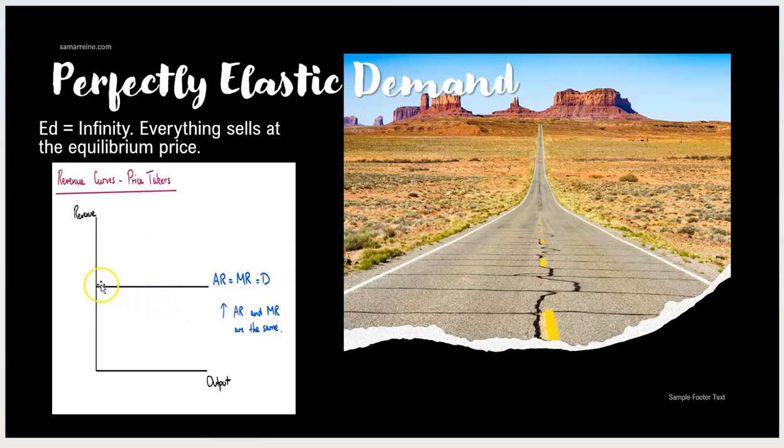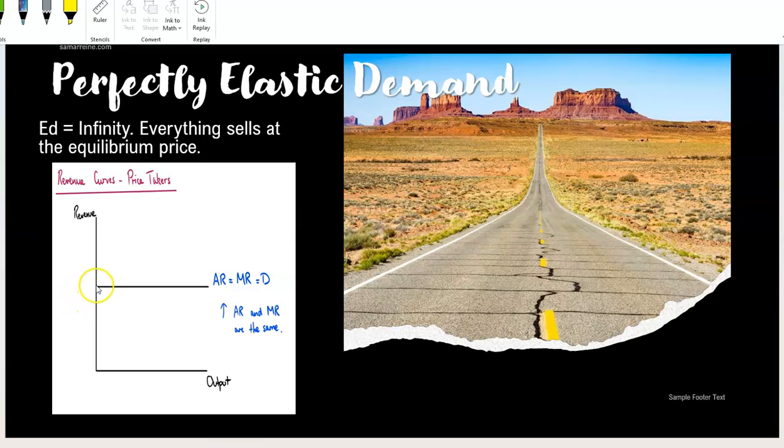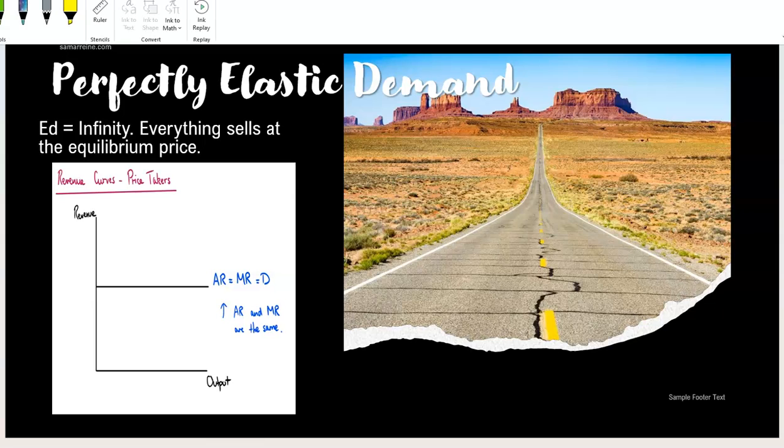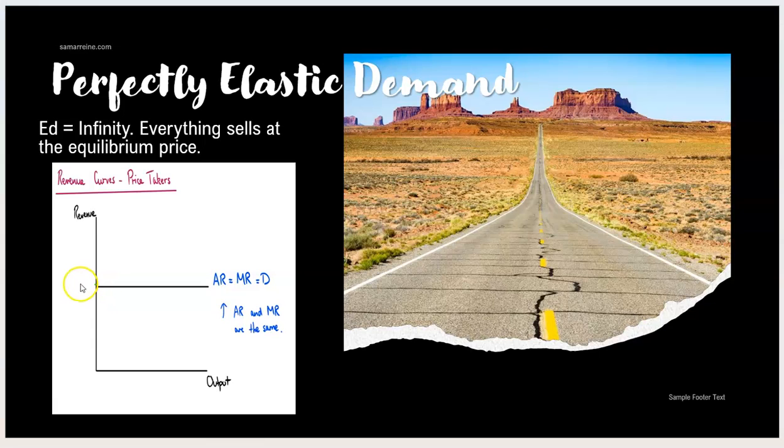Why? This is the demand curve right here. It's going to be a horizontal curve. At this price right here, set by the market, all companies are charging this price, and how much are they actually selling?